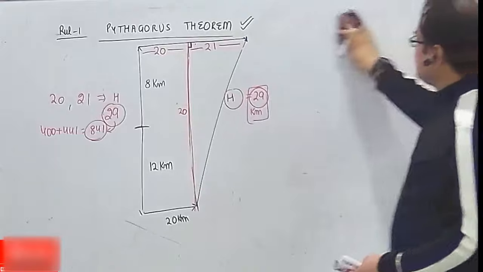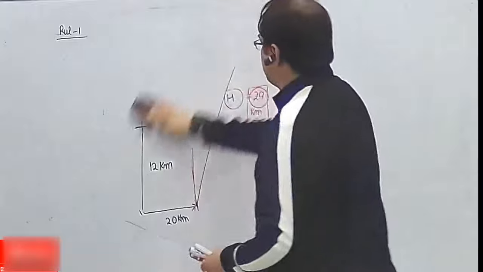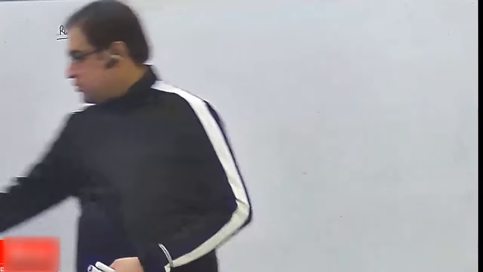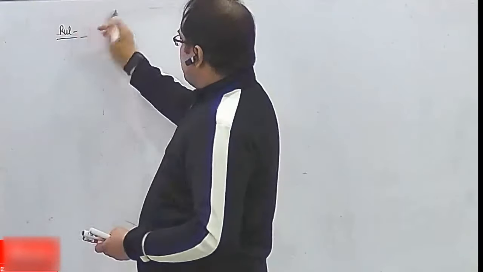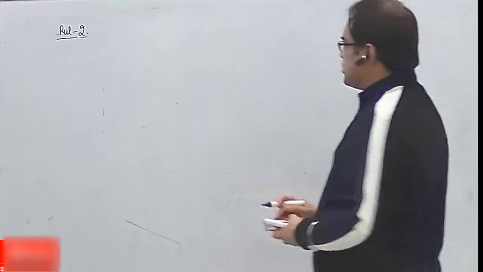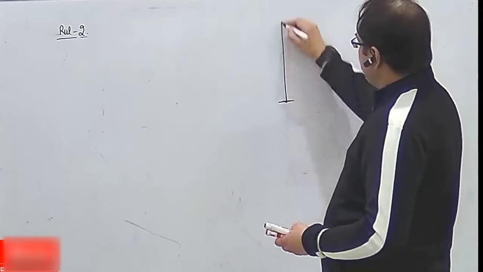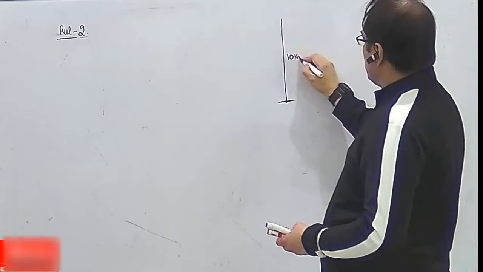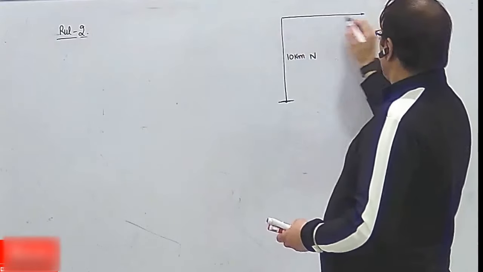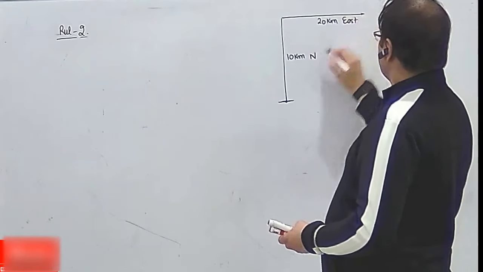Rule number 2 says that if a situation is given to you, like Ramesh starts from this common point, moves 10 kilometers north, then he turned right and moves 20 kilometers.